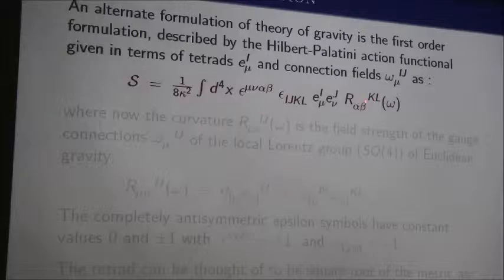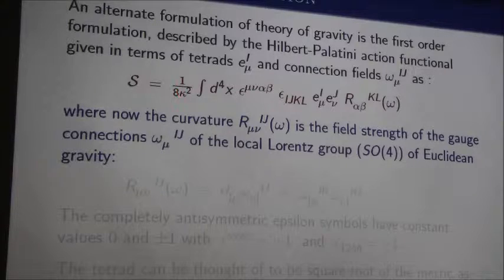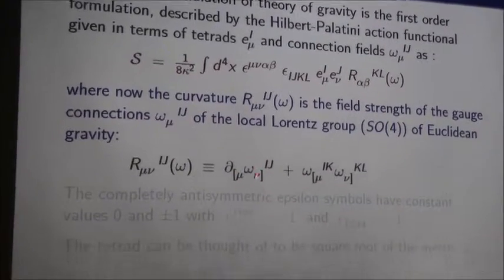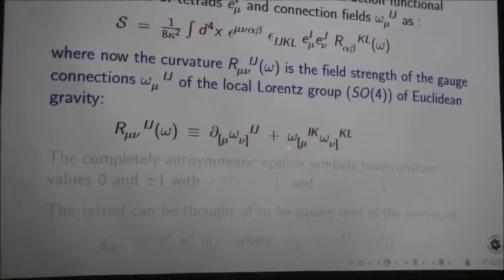R alpha beta kl is now really the field strength, not the Riemann curvature, of the gauge connection omega ij of the local Lorentz group SO(4) of Euclidean gravity. It's defined in the standard way, the antisymmetrized derivative of the connection and a product of two connection fields, antisymmetrized.